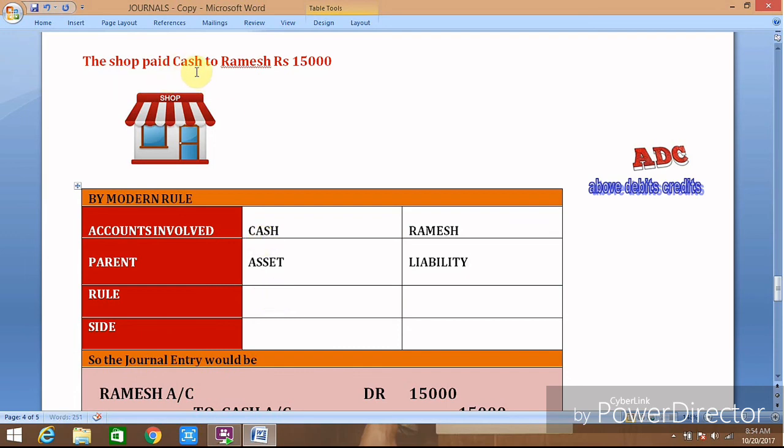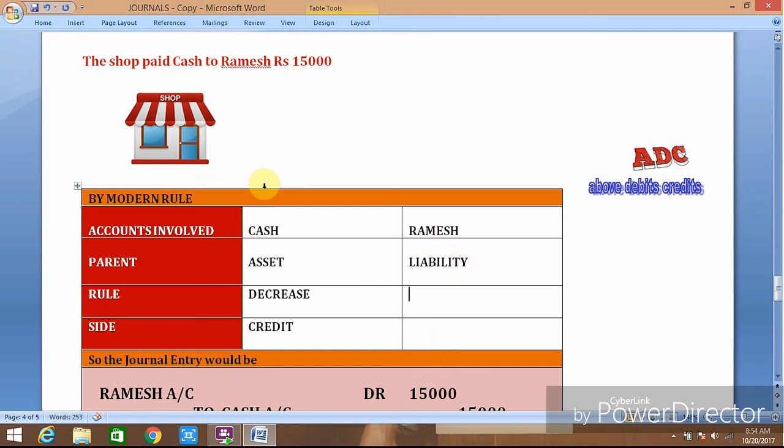Now what is happening over here is we are paying cash, and cash is going away, the cash is being decreased in the hands of the shop. So there is a decrease which can be seen in this question, and a decrease in asset is generally written on the credit side. Exactly.